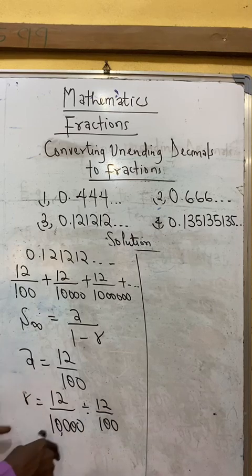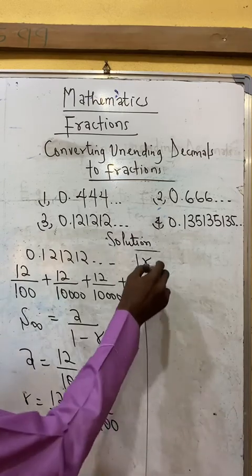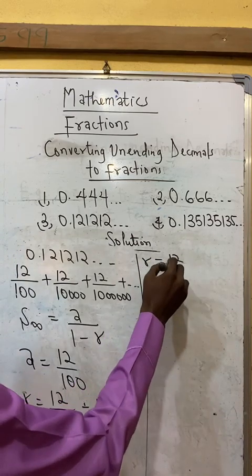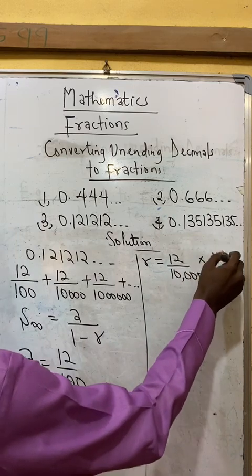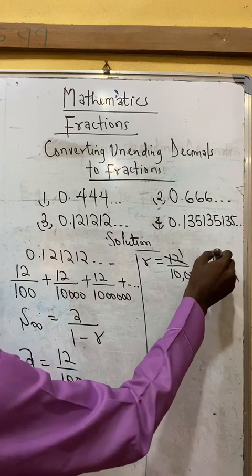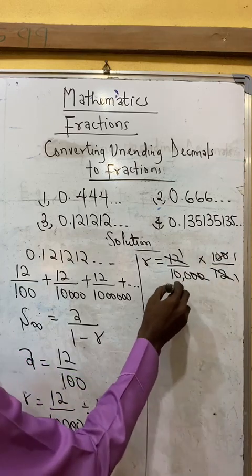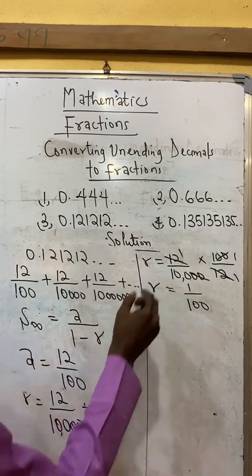Turn this to multiplication: R equals 12 all over 10,000 times 100 all over 12. 12 here 1, 12 here 1, 2 zeros cancel 2 zeros. So we will have 1 all over 100 as our common ratio.